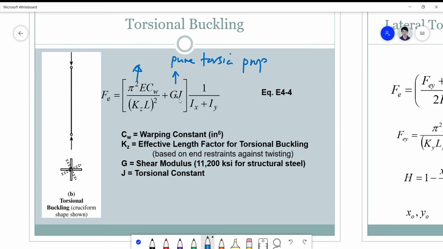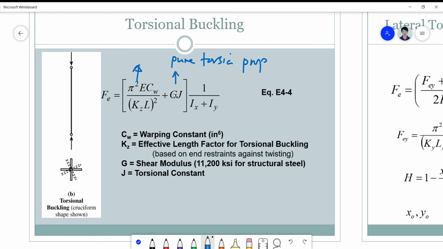Okay, because GJ has a unit of megapascal multiplied by, so if you're looking at this, it's KSI multiplied by inch to the fourth.